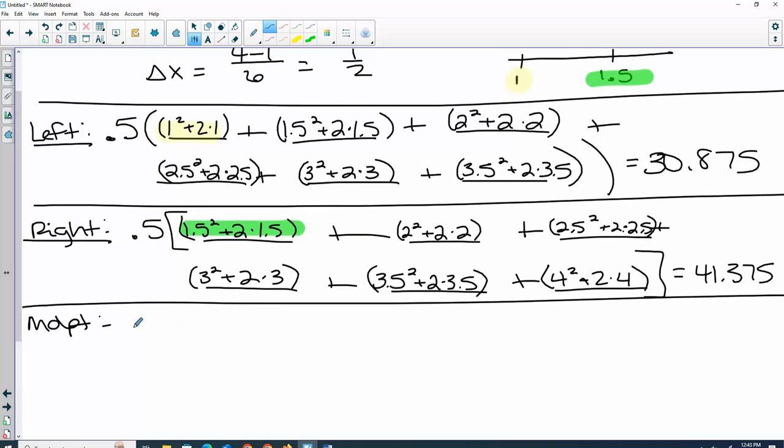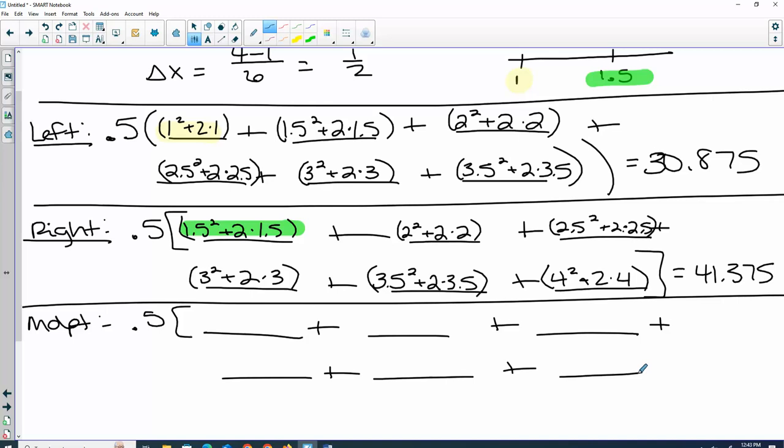Midpoint. Same idea. So we start, our width is 0.5. We need our 6 rectangles. The only difference is our starting point has to be the middle. What is in the middle of 1 and 1.5? 1.25. If you're not sure, add them up and divide by 2. So 1.25 is the first number I plug in. Okay, and then we go up by 0.5, so the next one will be 1.75.